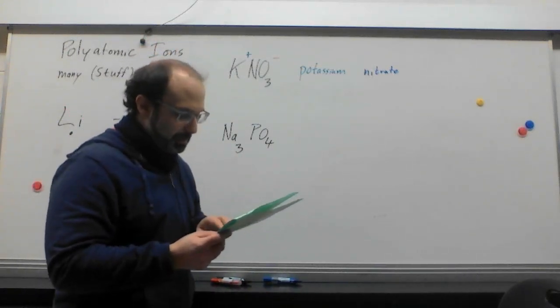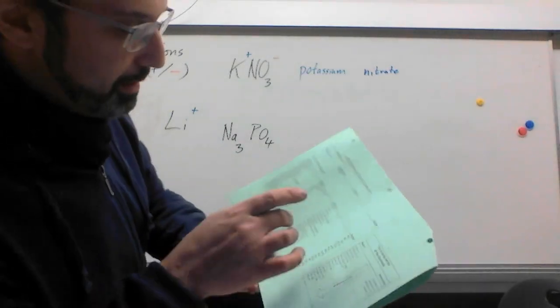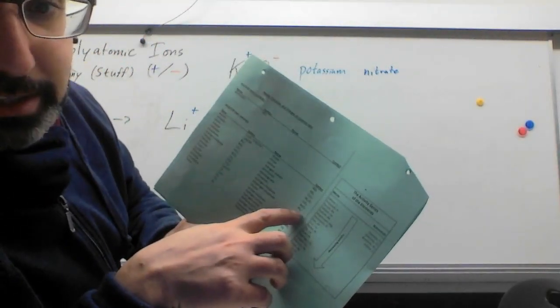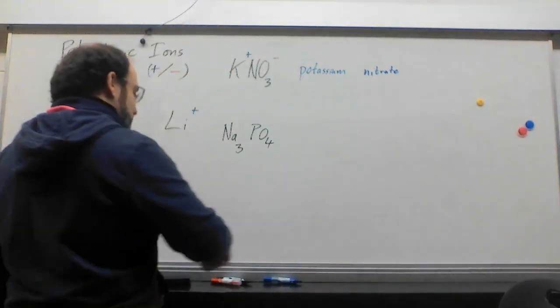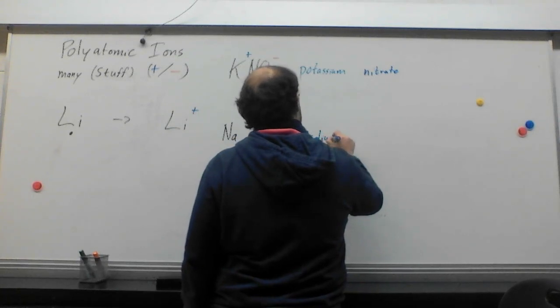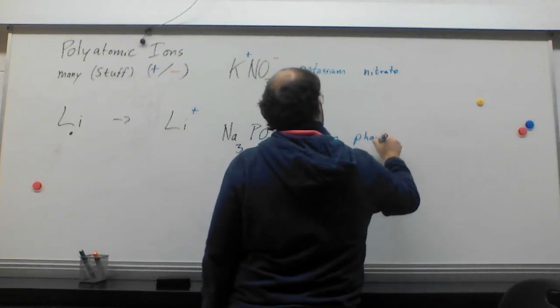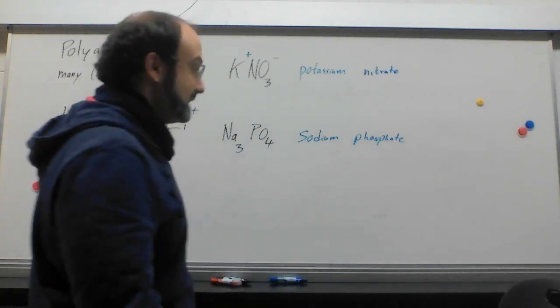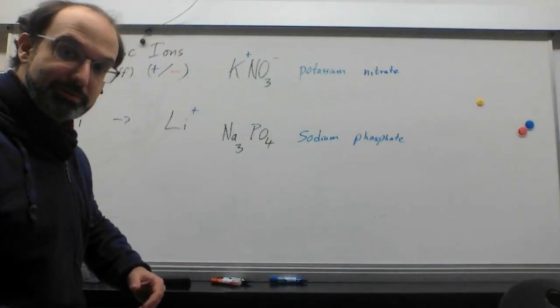If I look here under the P's, I will see that PO4 is phosphate. So in terms of naming this, this would be sodium phosphate. And that's it, sodium phosphate.